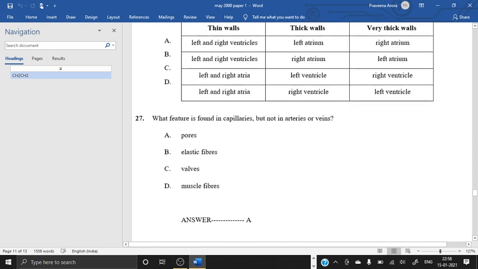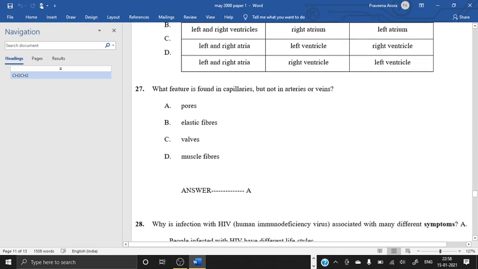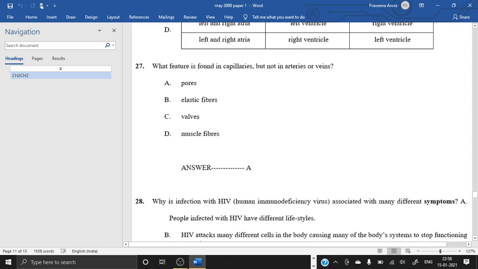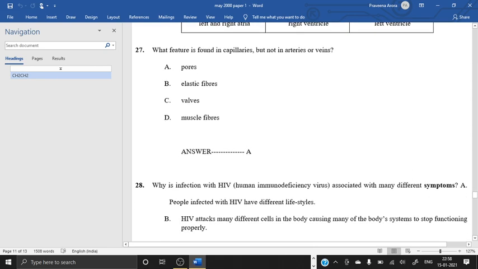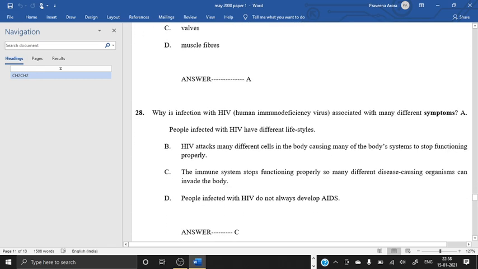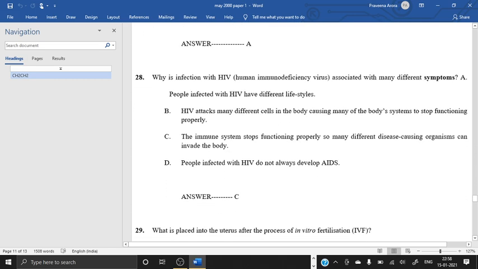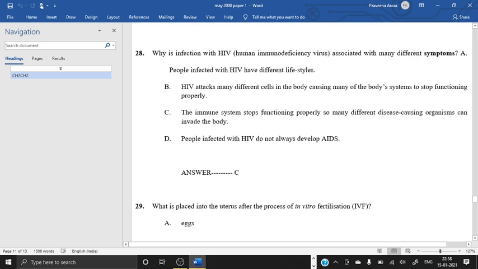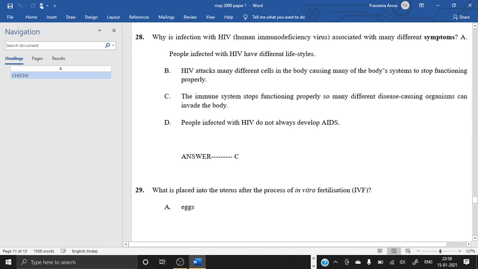What feature is found in capillaries but not in arteries or veins? The answer for 27th is pores. Then is question number 28. Why is infection with HIV, that is human immunodeficiency virus, associated with many different symptoms?